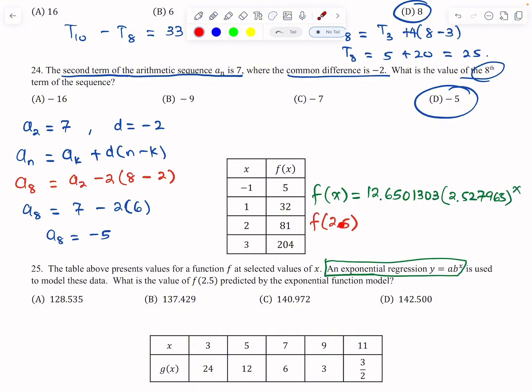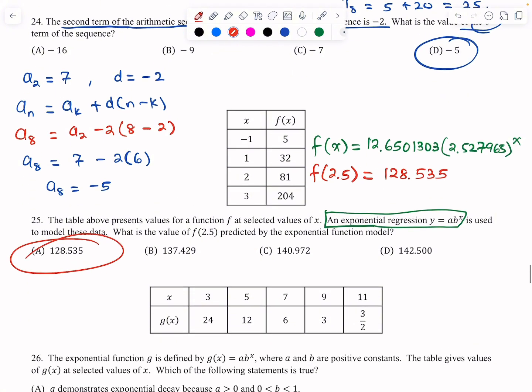So I'll just take that 2.5 and substitute right here and then put all of that in my calculator. And then the right answer should be 128.535, 3 decimal places. And the answer would be A. Don't forget, you have to use the calculator for this one.